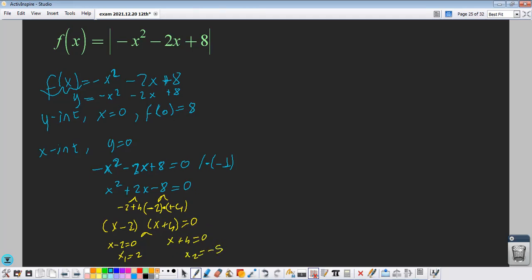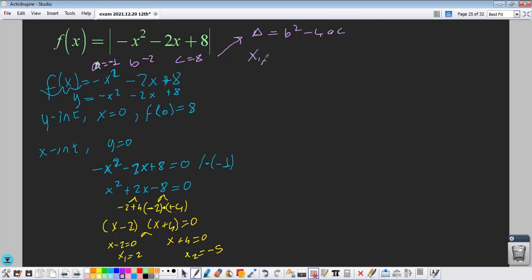Actually, you can also solve this question without factorizing. You need to make it clear what the a, b, c numbers are. A is minus 1, b is minus 2, c is plus 8. Use the discriminant formula, b squared minus 4ac, and you will directly get the result.